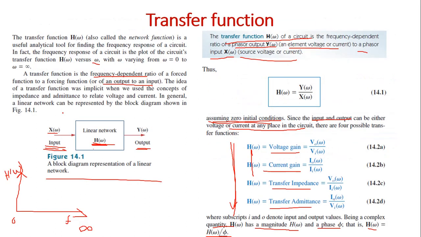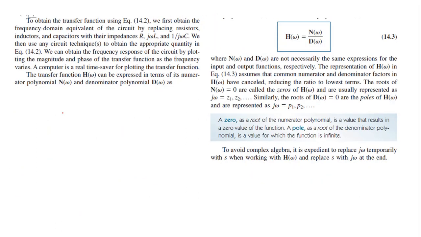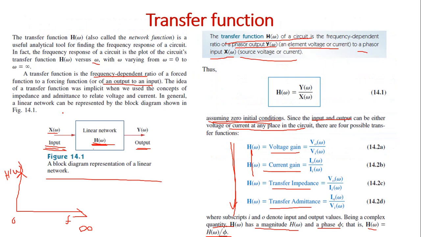So what they have given is, if any circuit is given, we have to first convert the circuit into a frequency domain equivalent, then obtain any of these transfer functions, that is, either find out the voltage gain or a current gain or impedance or admittance. Once this is found out, we will have a transfer function.